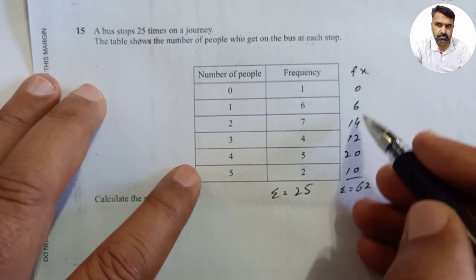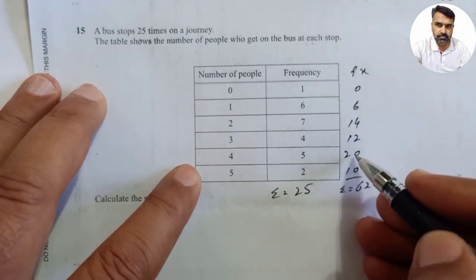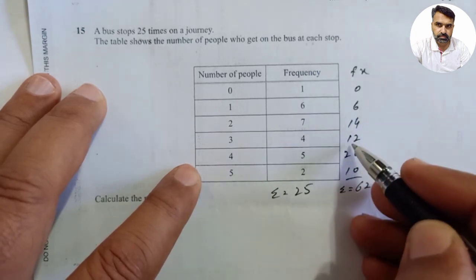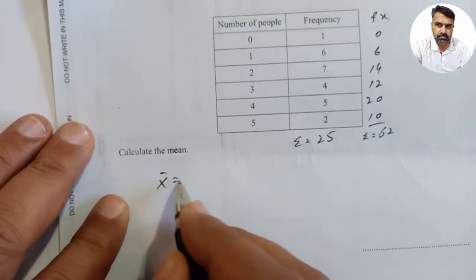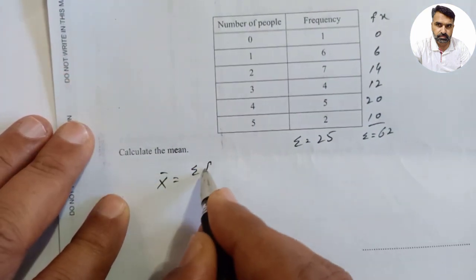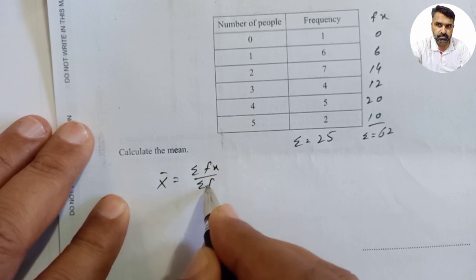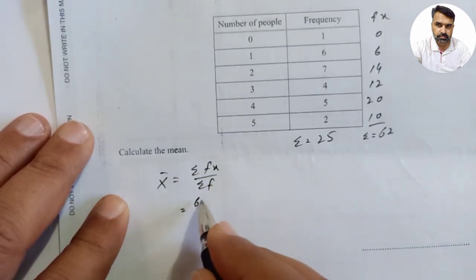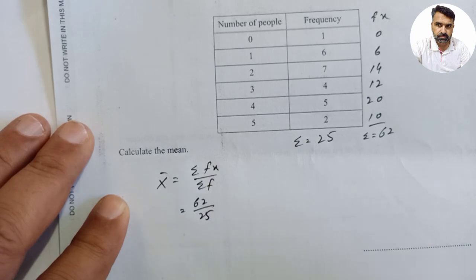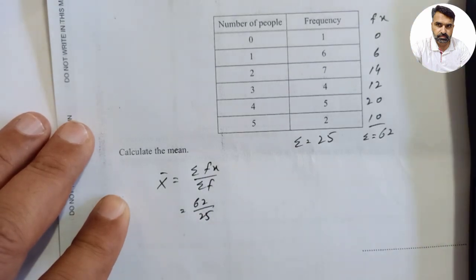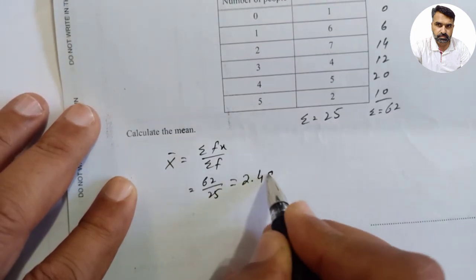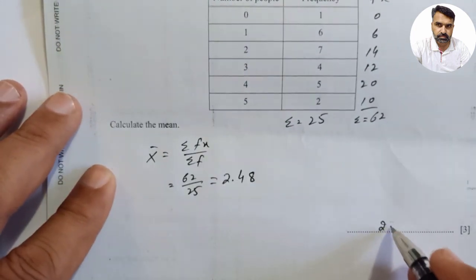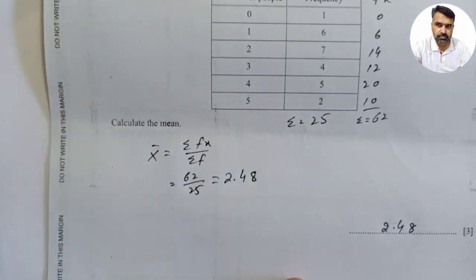Let me confirm it. 20 and 20, 40, 50, 60 and 62. So the mean is equal to summation fx over summation f, and fx is 62 over 25, and when we divide 62 by 25, the answer is 2.48. 2.48 is the mean.